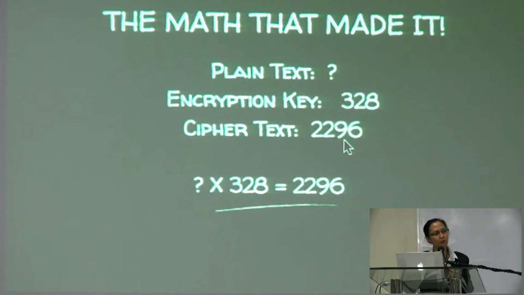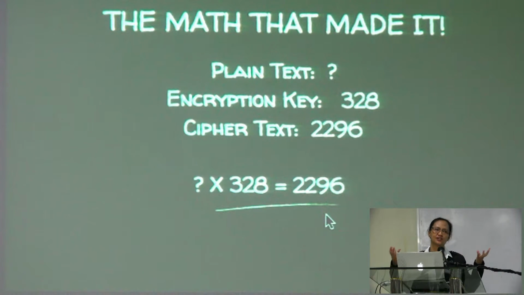Now, what about retrieving the original message? So the question now is, what is the original message, so that when I multiply to 328, I will be able to get the ciphertext that I know now. Hindi ba? Parang inverse lang yung relasyon, di ba?